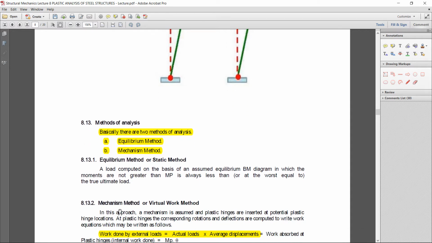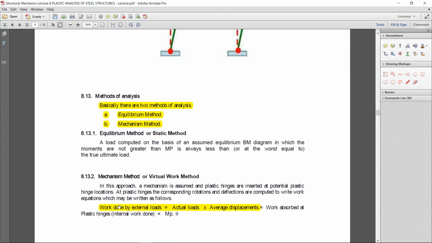Second is the mechanism method, or the virtual work method. In this approach, a mechanism is assumed and plastic hinges are inserted at potential plastic hinge locations. Means we identify the locations at which the plastic hinges form. We point out their locations, and then from the method of virtual work we find the collapse load.